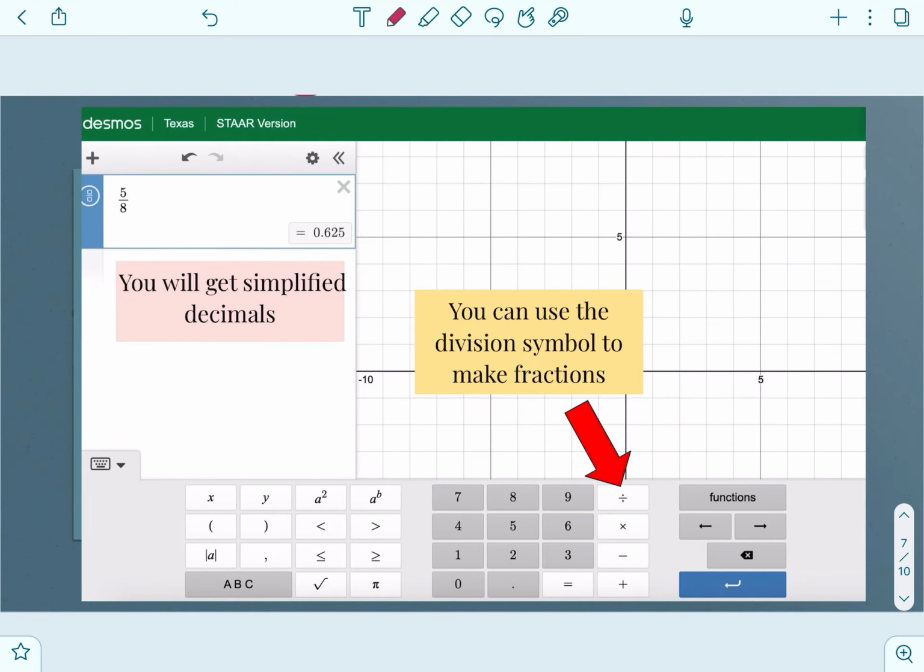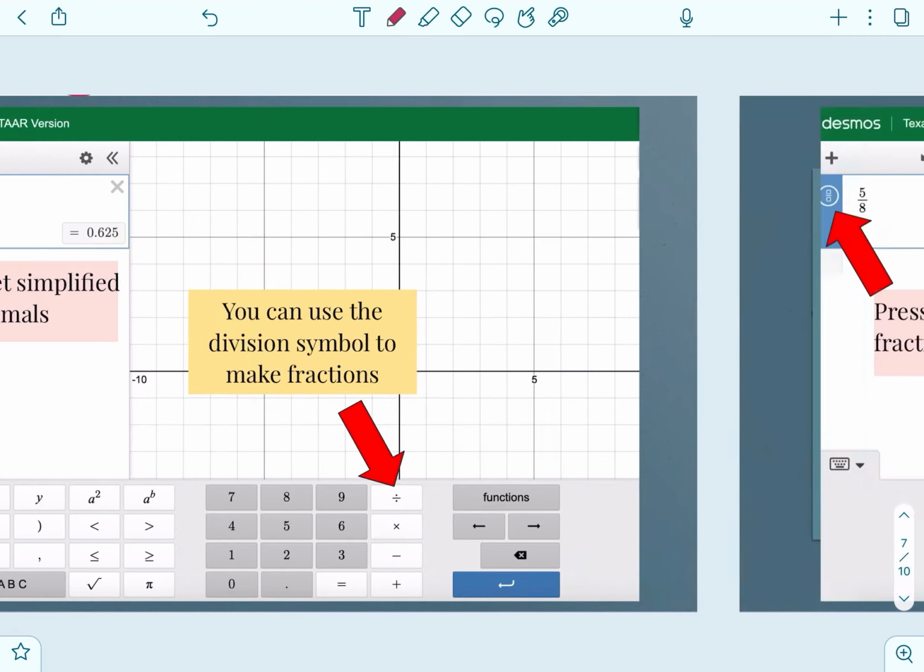And then finally, you can simplify some of your answers to fractions and decimals. It does not matter which answer you give. However, you can convert it into a decimal or fraction by pressing the little circle button right there. That should actually be on the next slide. But you can use the division symbol to make your fractions.